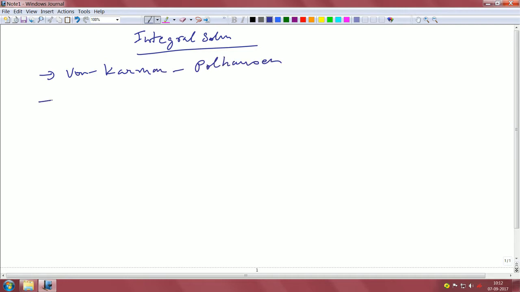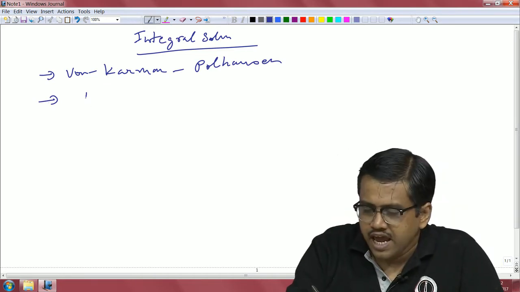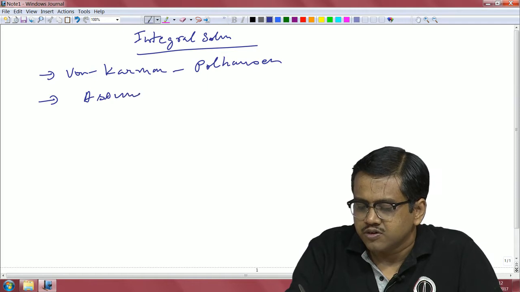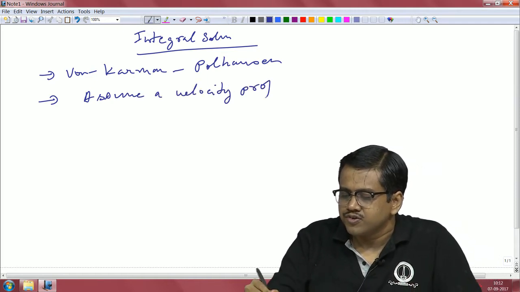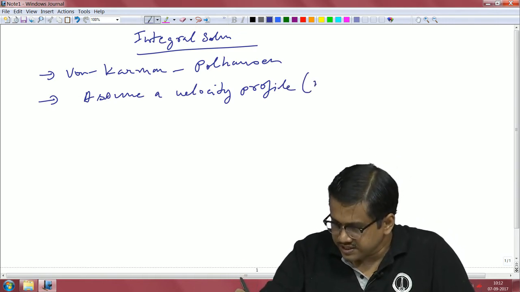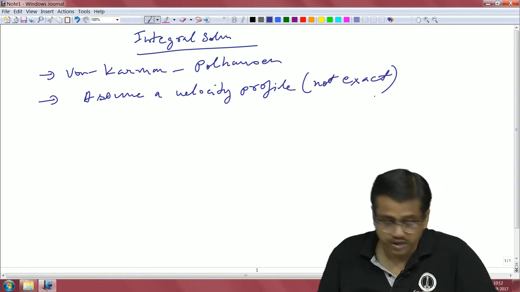So, the main building block of this particular approach is to assume a velocity profile, which is not exact because without the actual solution we do not know what the velocity profile would look like.